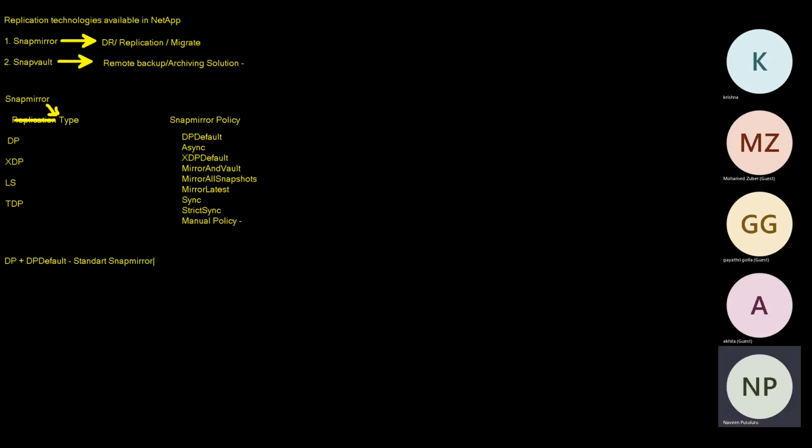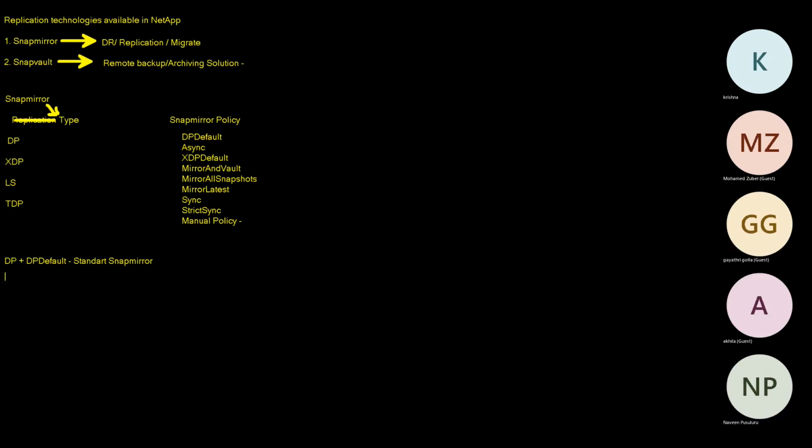And DP snap mirror type can be used only with DP default policy.